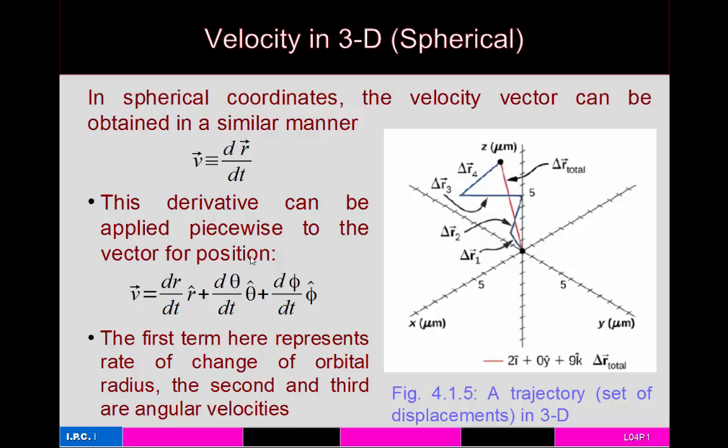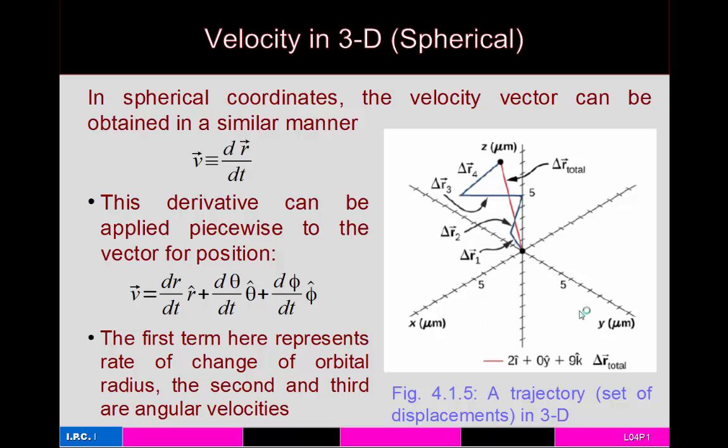But in spherical, when you go piecewise, what you end up with is dr dt r hat. In other words, how far away is this thing moving with respect to the center, times d theta dt and d phi dt, both of which are essentially rotational terms.